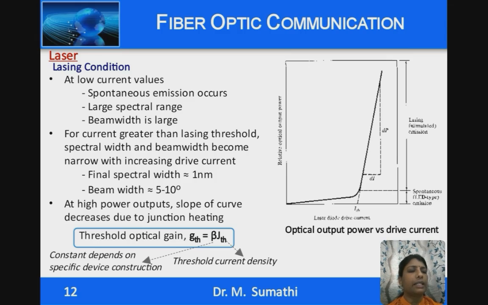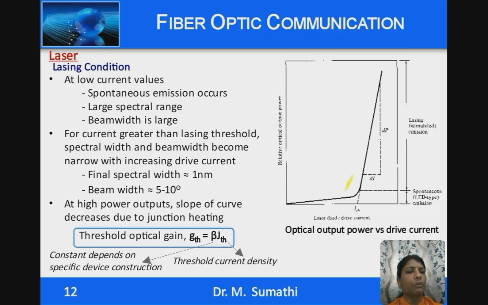But as the current increases beyond the threshold value, the spectral width becomes narrow and beam width also becomes narrow, and the final spectral width of a laser is approximately 1 nanometer with a beam width of 5 to 10 degrees.